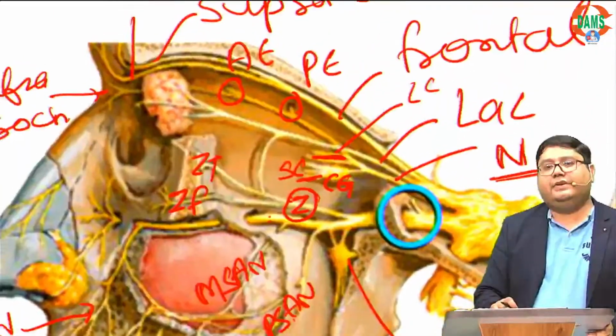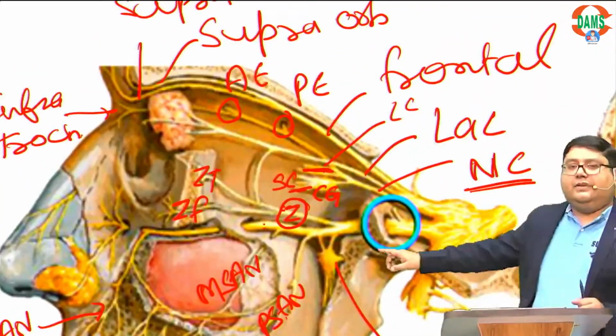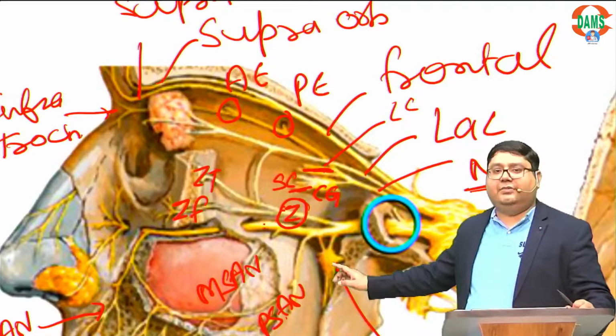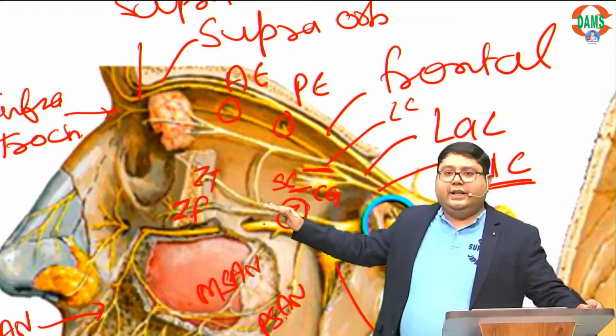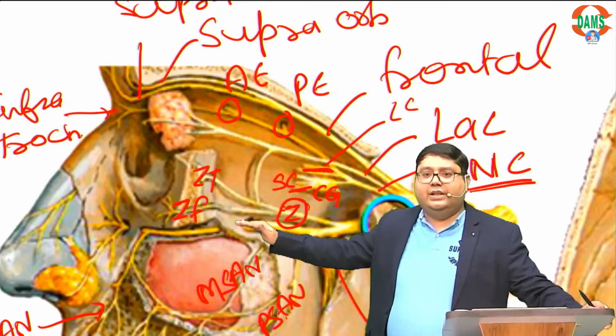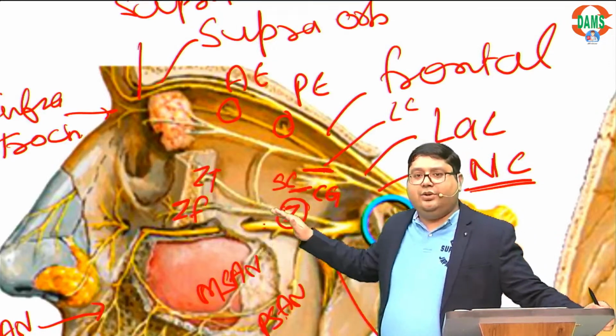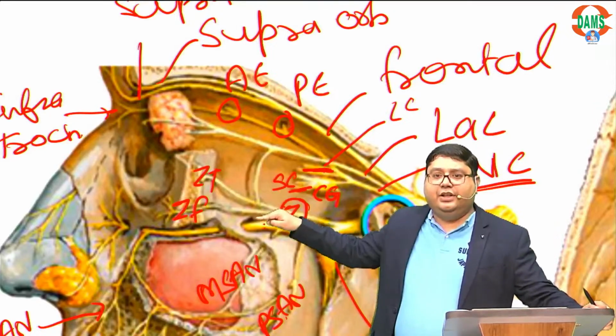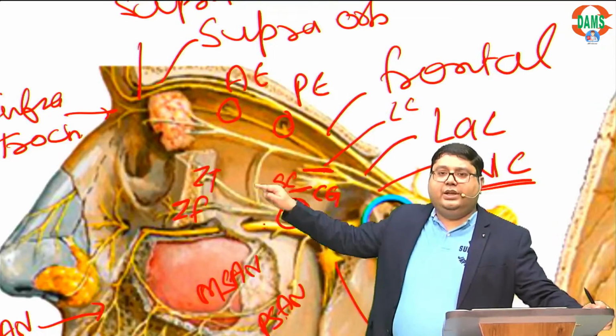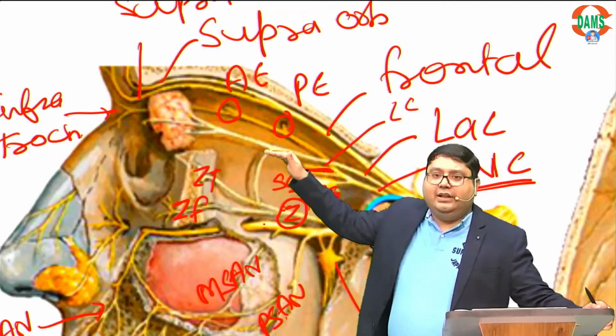Let me zoom in and show you here. Now, dear friends, we can see this is our ganglion. Here the relay will take place, and after that the zygomatic branch will pick up the sensation. The zygomatic nerve itself is dividing into two branches, zygomaticofacial and zygomaticotemporal, but they are giving one communicating branch here. Can you see this branch? This branch is going and joining with the lacrimal nerve.